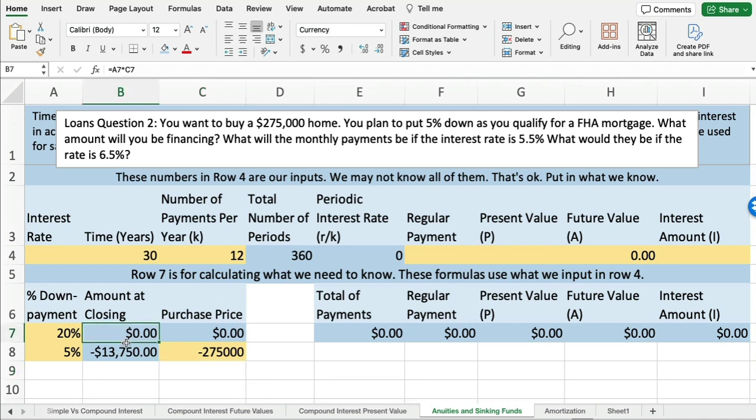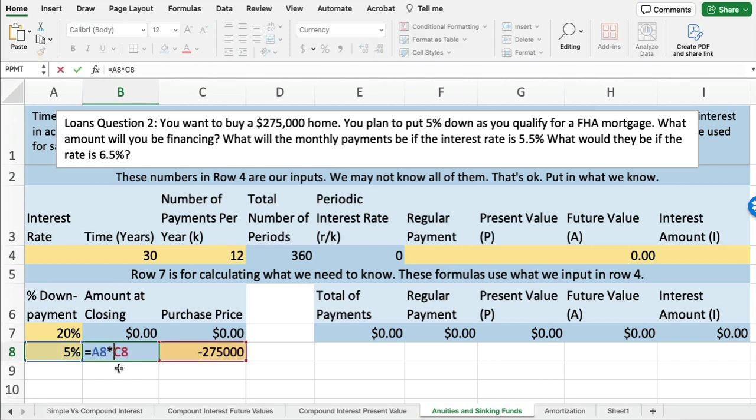And then I put the formula for the amount at closing. That's just equals A8 times C8. We talked about this in the previous video, how to calculate the amount at closing. That's your down payment.